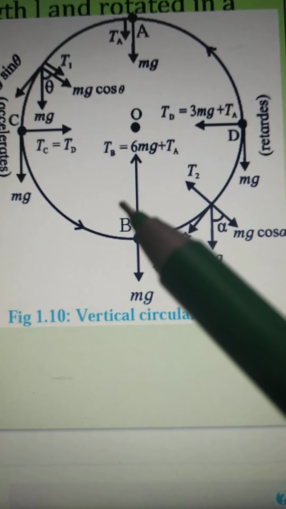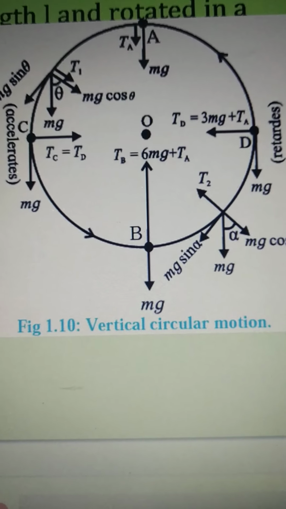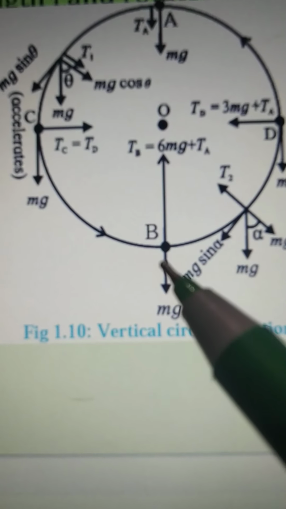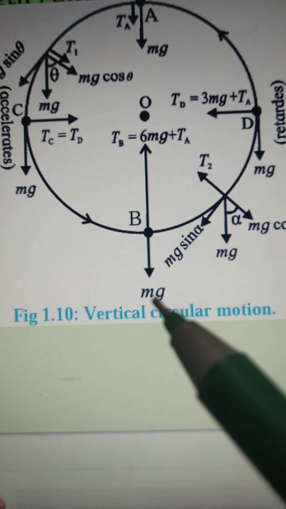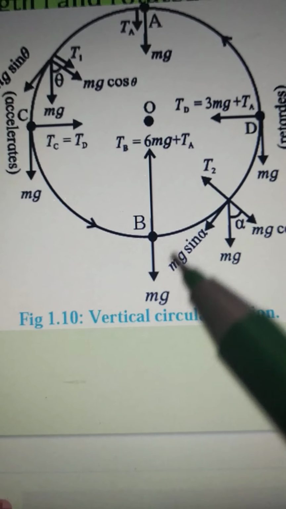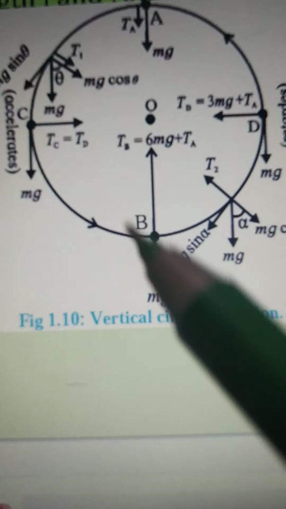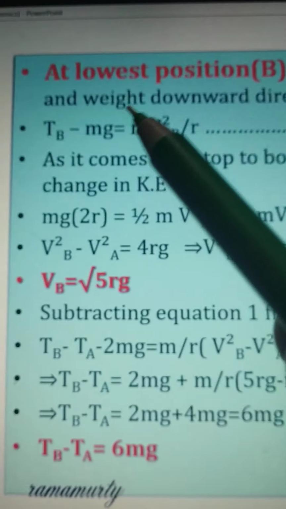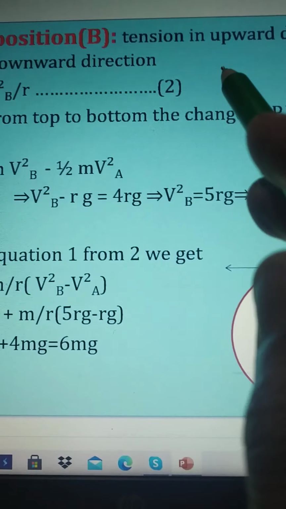So TB, the tension at B position, the bottom or lowermost position, is equal to mg. So we find the expression for the bottommost position: at the lowest position B, the tension acts in the upward direction and the weight in the downward direction.